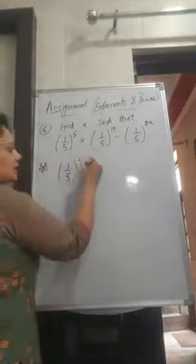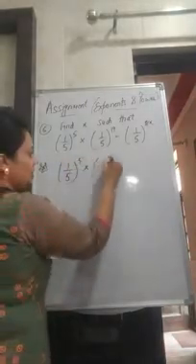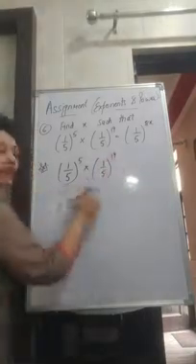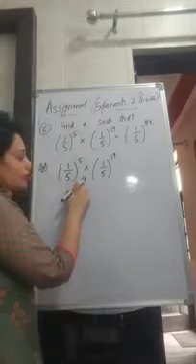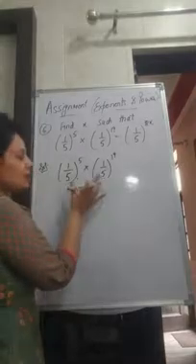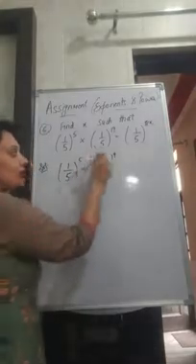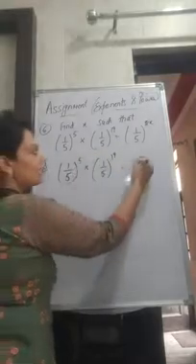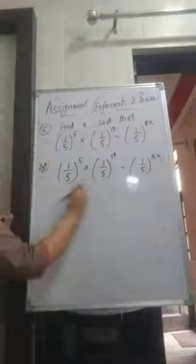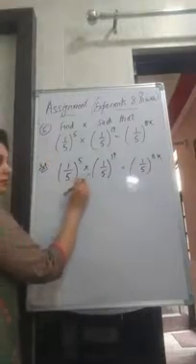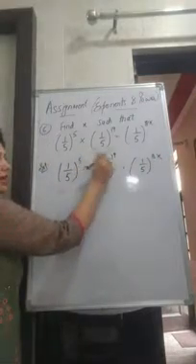We can see on the left hand side we have the same base and a multiply sign in between, and we have done the law that when the bases are same and there is a multiply sign in between, the powers will be added up.